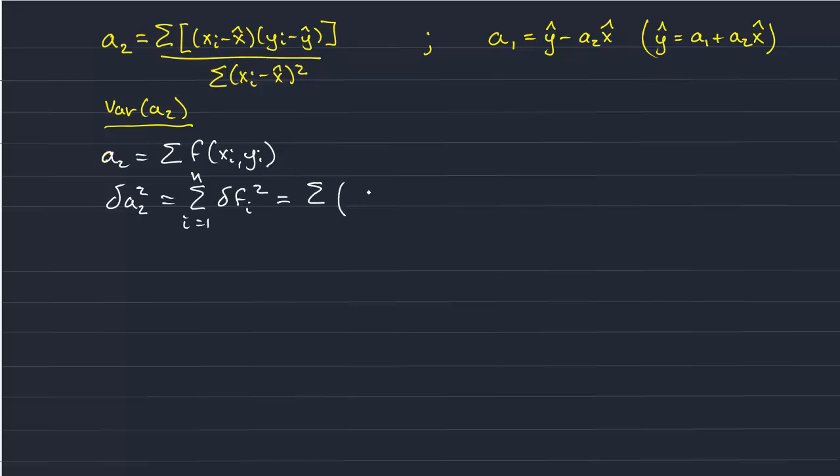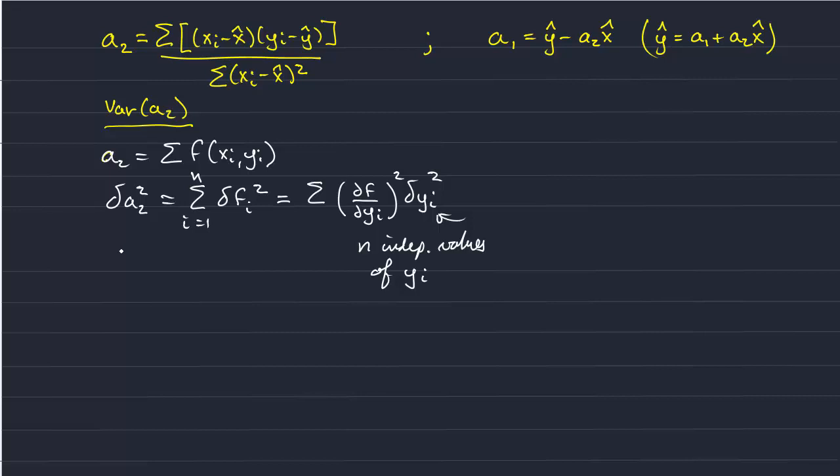So we can write that squared error as the partial derivative of f with respect to each value of y times the uncertainty or error of y, and those are both squared. And again, this is the sum of errors for n independent values of y. These are independent measurements of y.